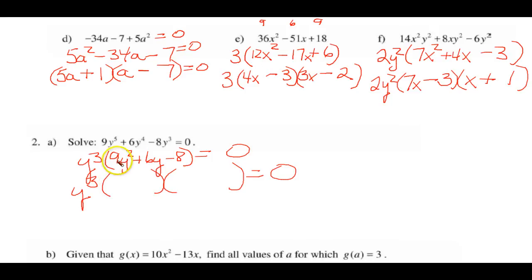Now we want a 9, and factors of 9, I'm going to have to guess and check. But I'm going to go to a 3y, actually. And a 3y. Now one's going to be positive, one's going to be negative.